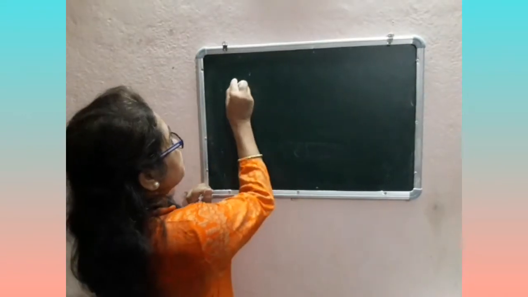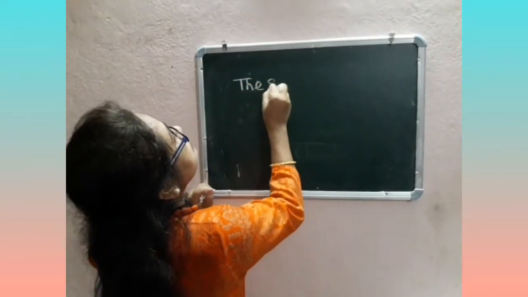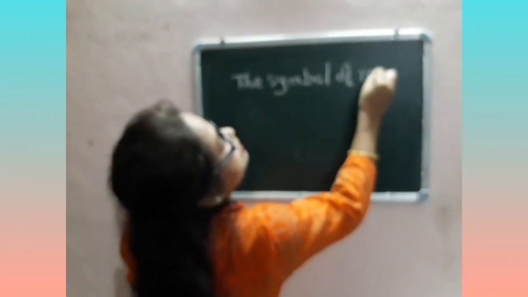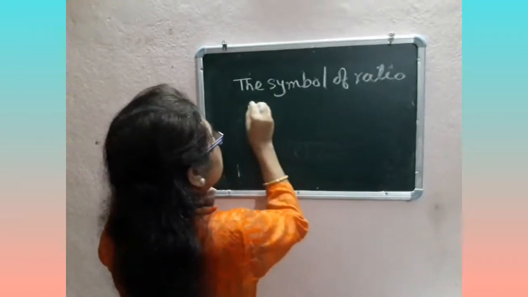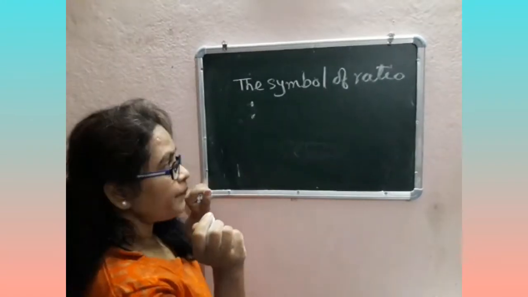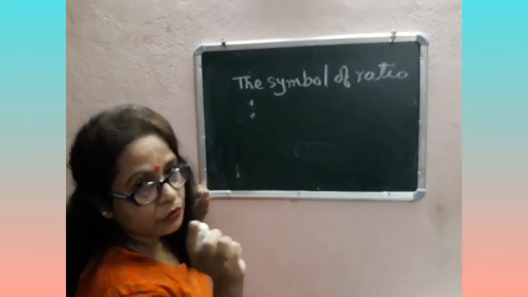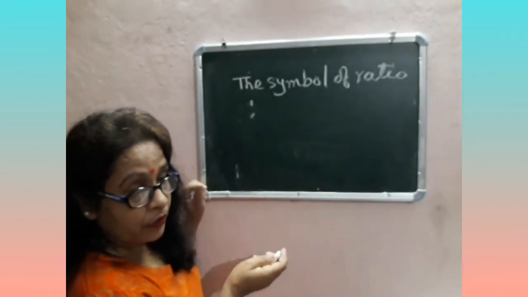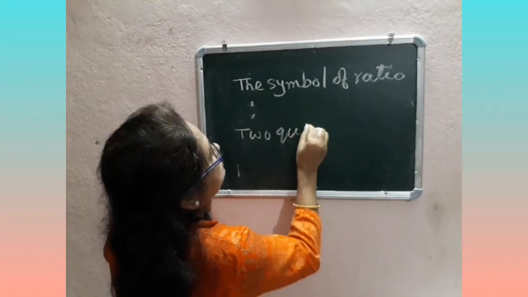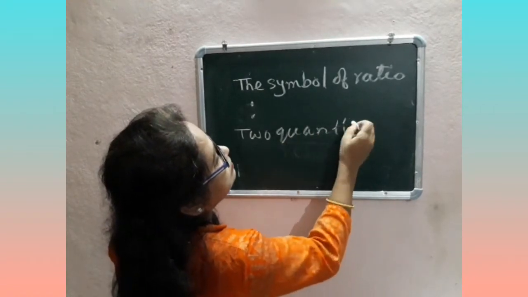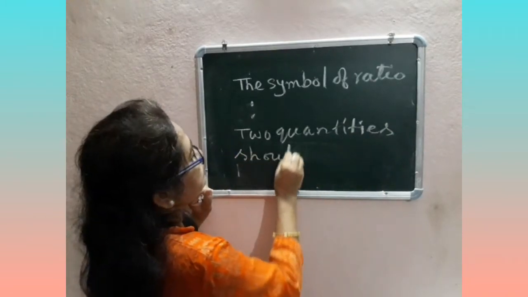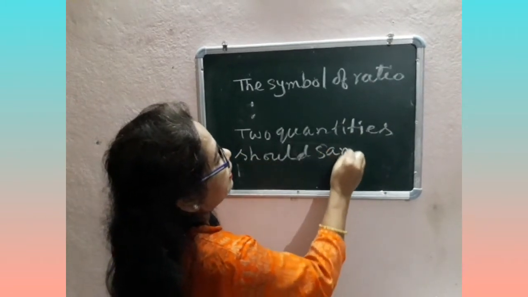The symbol of ratio is two dots. In a ratio, two quantities should be of the same kind.